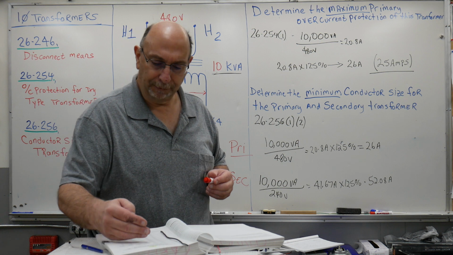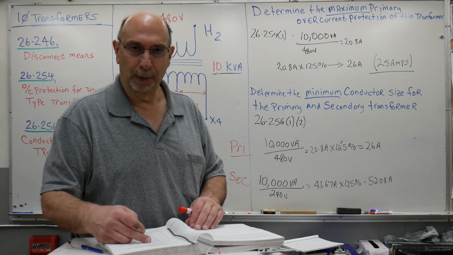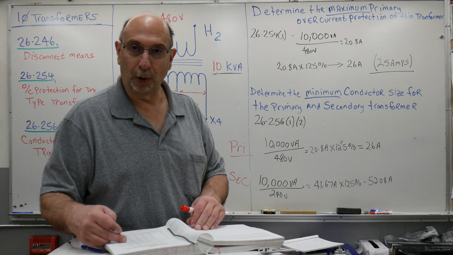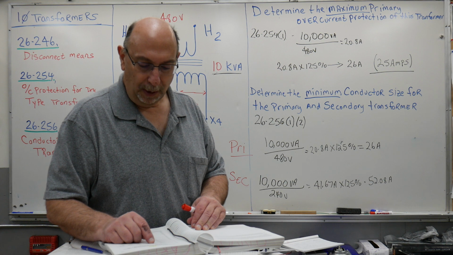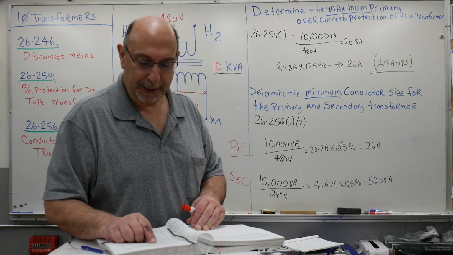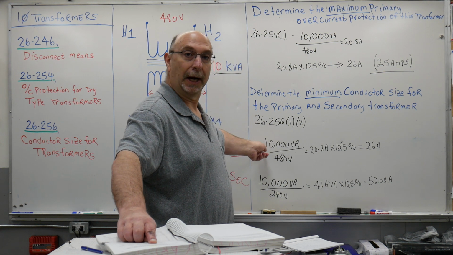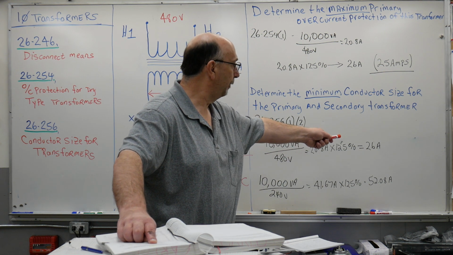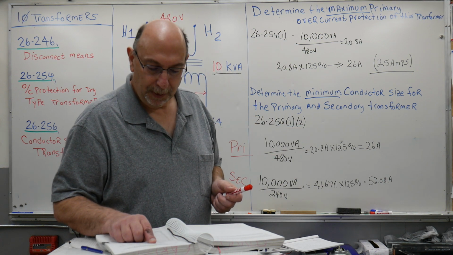So we are going to have to use the 75 degree C column of Table 2, which is located on page 423. So have a look on the 75 degree C column. Now we're going to determine what size of conductor to use. So we're looking for a conductor with 26 amps.